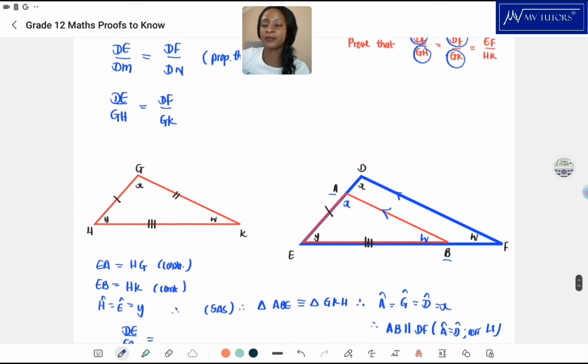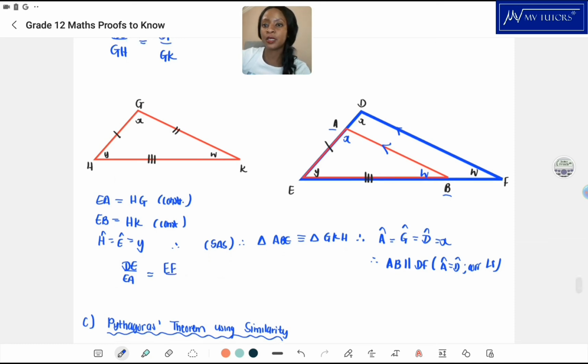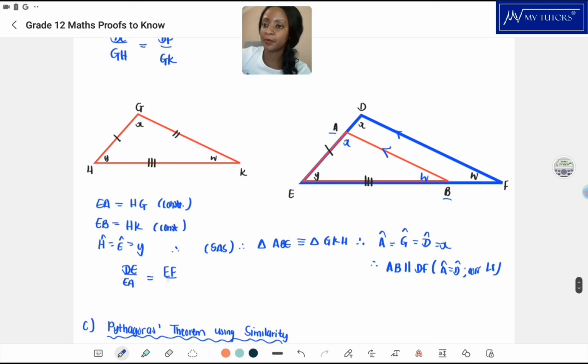We're looking for EF, right? Yeah, EF is the last one. Is equal to EF over EB. Okay, and that's due to the proportionality theorem, where AB is parallel to DF.